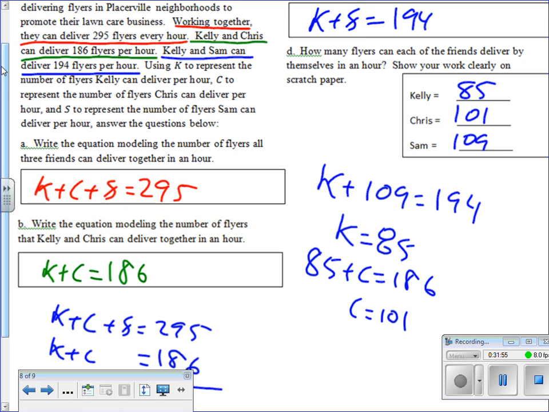Write the equations, take your time, and then solve them. Do the arithmetic, solve the equation. This one will be an easy one to solve the system. It's not like some of the other ones are. And don't make assumptions about numbers. I had kids that just take 295 and then divide it by 3 and that's my answer. No, it's not. They obviously do not work at the same pace unless this number and that number were the same.